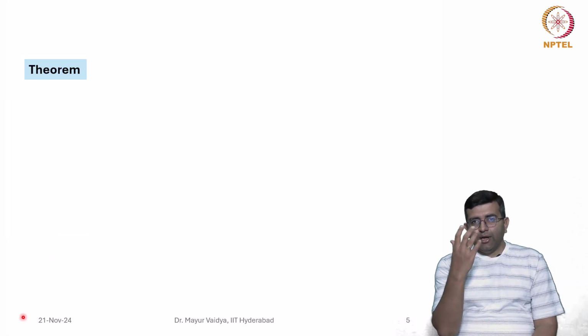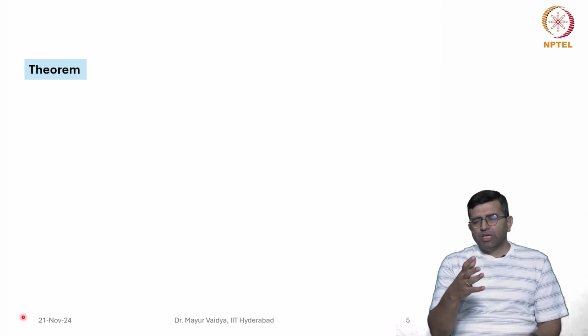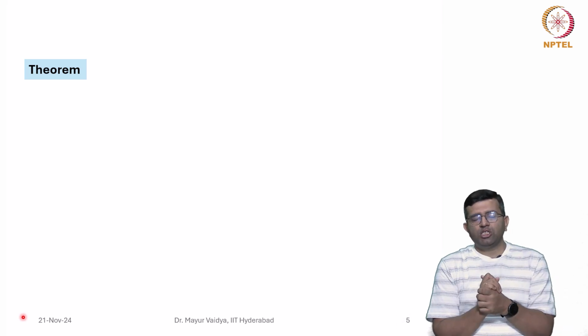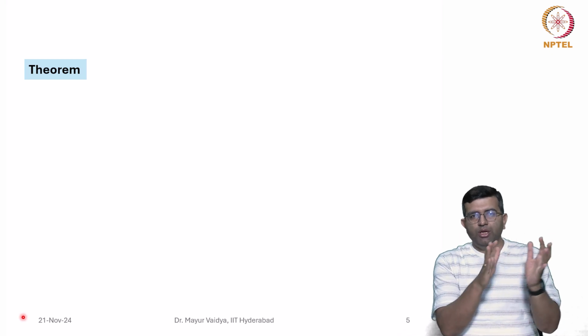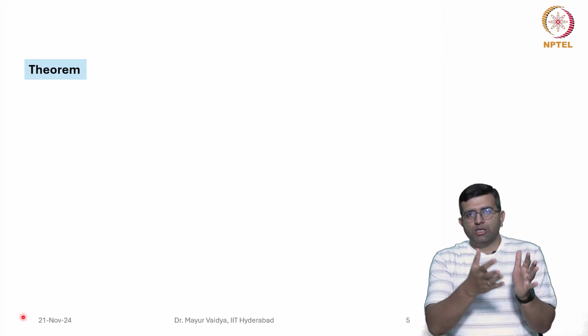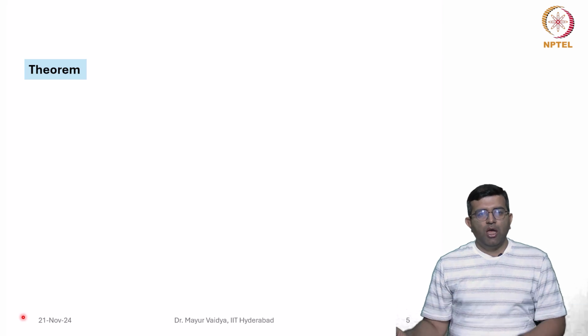Now let me tell you another important theorem which is useful when we talk about the Laplace transform. Of course, there is much more depth in which people go and use the Laplace transform. We are going to restrict ourselves to what is more relevant for the diffusion related problems.